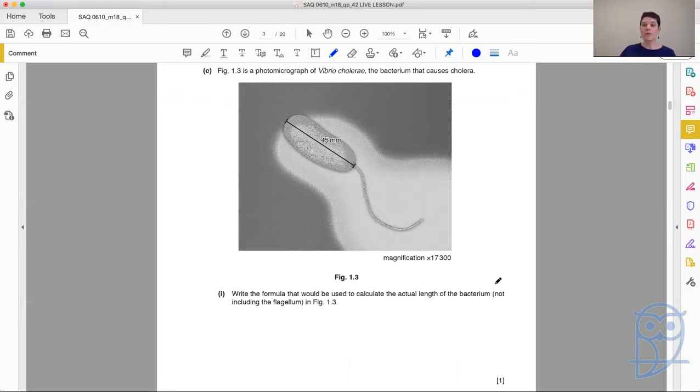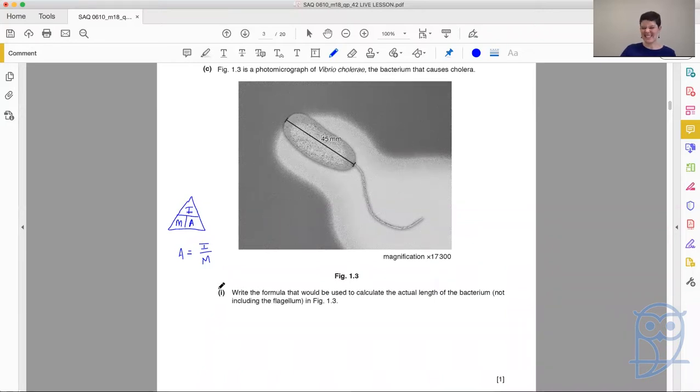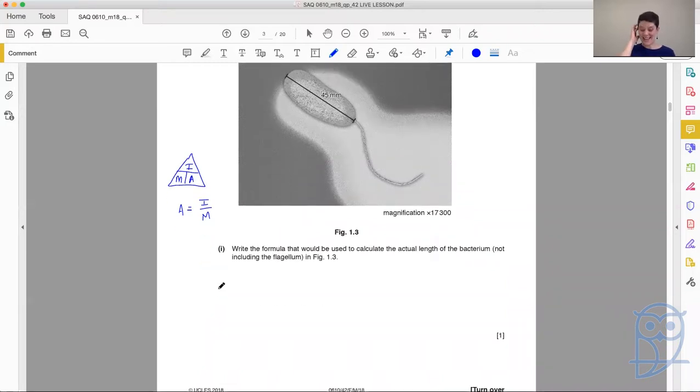So how would you calculate the actual length? What's that formula? Well, we have a beautiful triangle, I believe, that can help us here. Actual is image over magnification. So A equals I over M, but we don't want to just leave it like that. I mean, it's an answer. We want to say, okay, what is A?